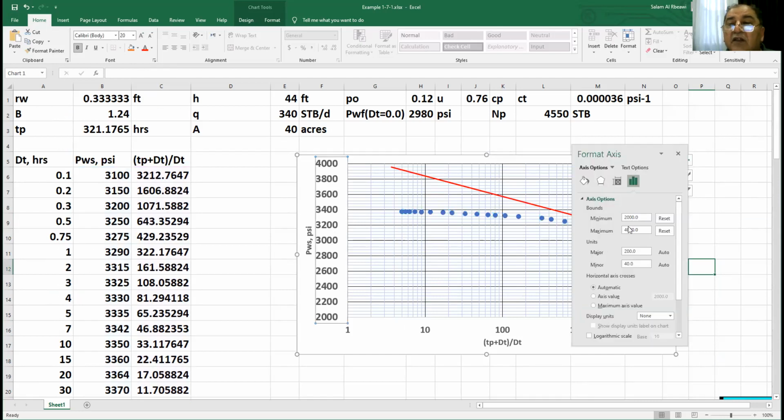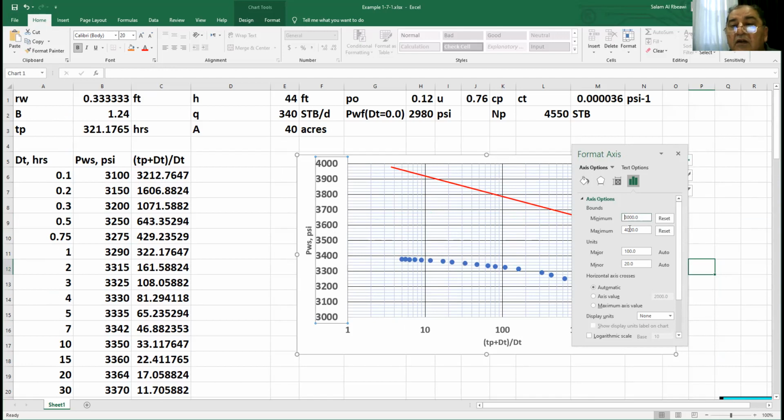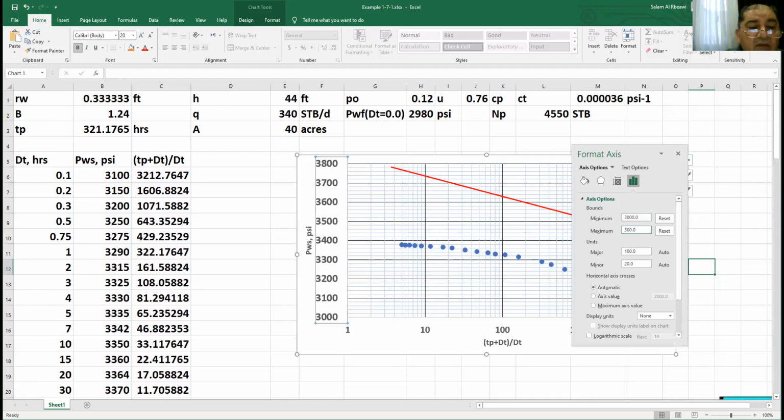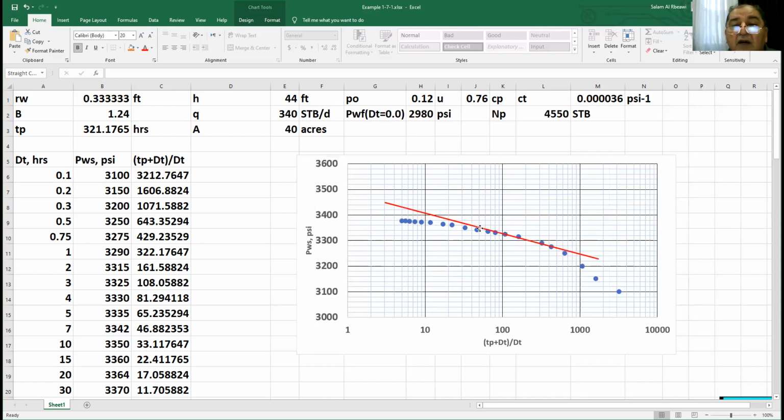Actually, let me try 3,000 more. Okay, and not 4,000, less than 4,000. Let me see. This should be the maximum. 3.8. Okay, good. 3.6. I think 3.6 is good now. And this is our line.